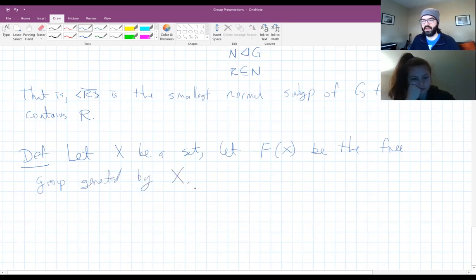It's that A star group. So now let R just be any subset you want, a subset of that free group.